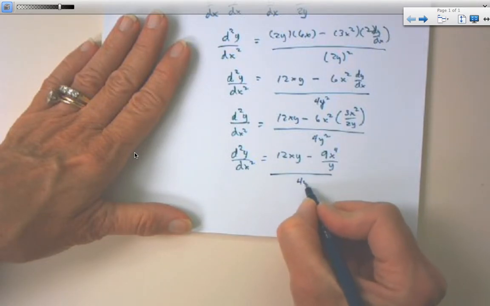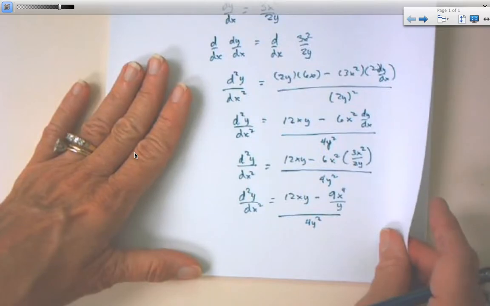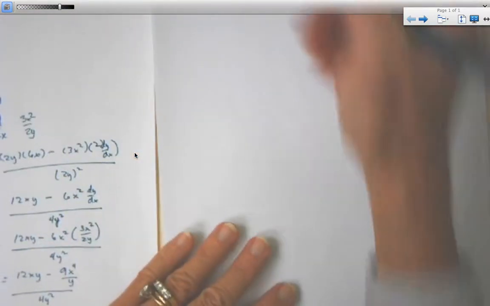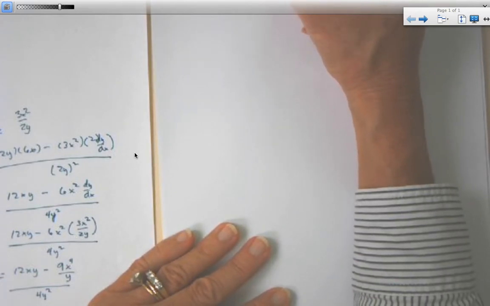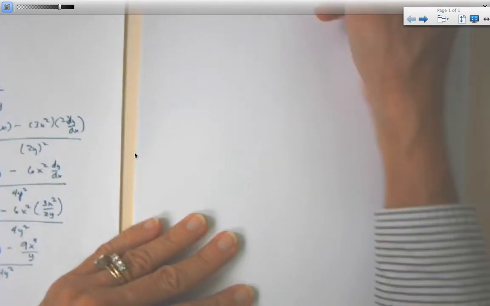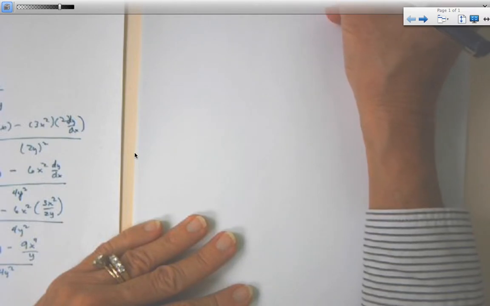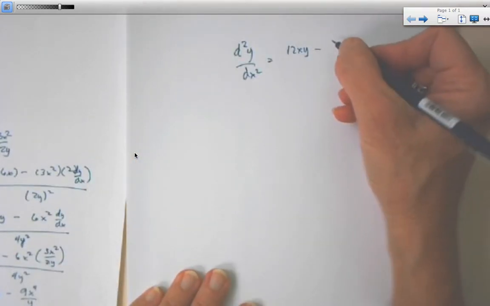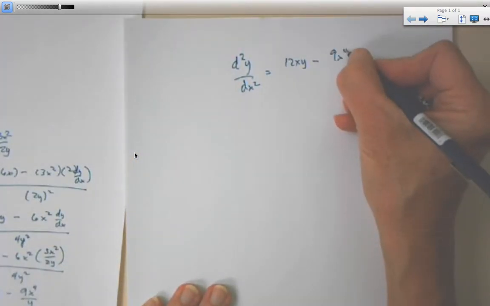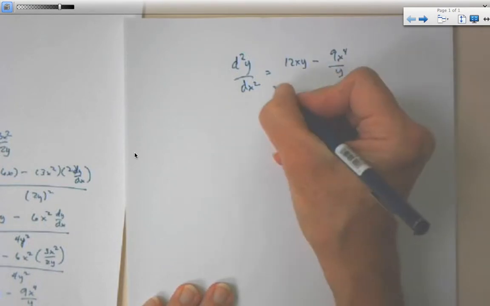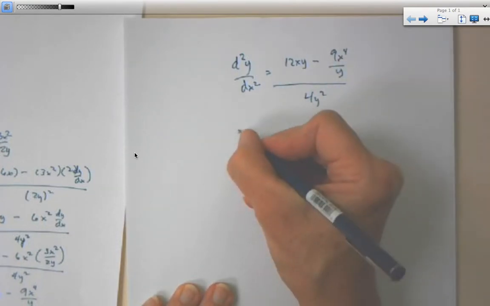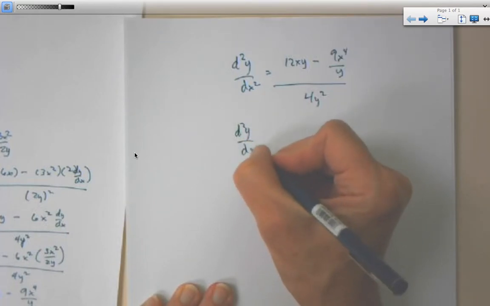over 4y squared. I'm going to move to another sheet of paper to have enough room. The second derivative of y with respect to x is 12xy minus 9x to the fourth over y, all over 4y squared. So this is nothing but algebra practice.